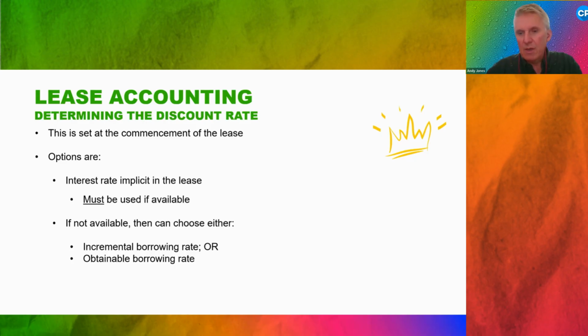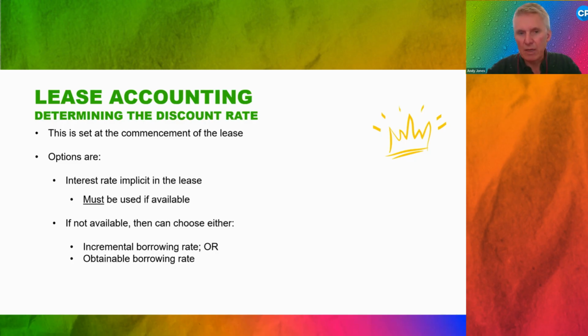If you can't determine the incremental borrowing rate, then your next option is to use the obtainable borrowing rate. It's fairly similar to the incremental one. The obtainable borrowing rate is essentially the rate that you would get if you were borrowing an amount of money equal to the undiscounted value of the lease payments over the period of the lease.